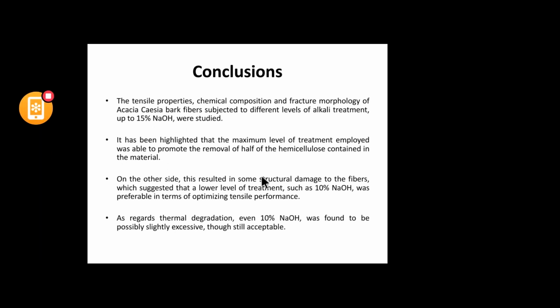It has been highlighted that the maximum level of treatment employed was able to promote the removal of half of the hemicellulose contained in the material. On the other side, it resulted in some structural damage of the fiber, which suggests the lower level of treatment, 10%.